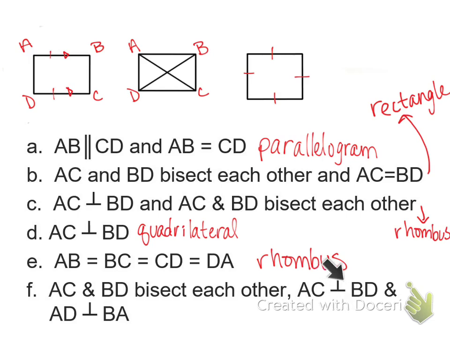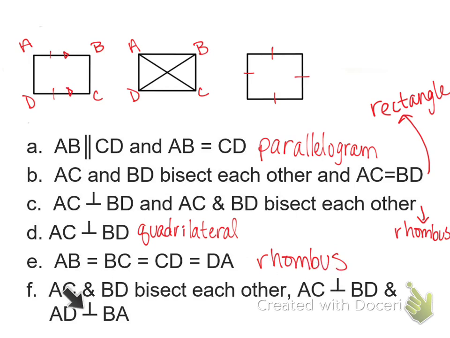AC and BD are perpendicular. So that would be, again, the diagonals are perpendicular. We also know that AD and BA are perpendicular. So if we've got diagonals bisecting each other, it's a parallelogram. If diagonals are then also perpendicular, then it is a rhombus.